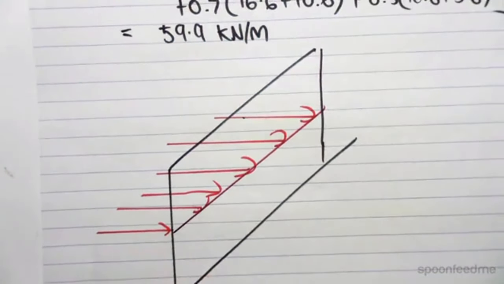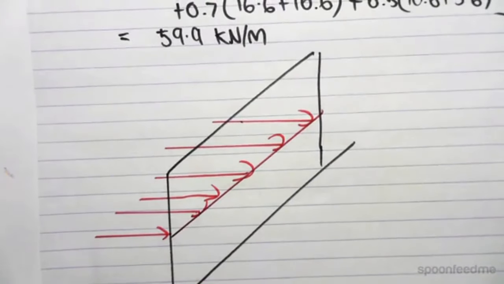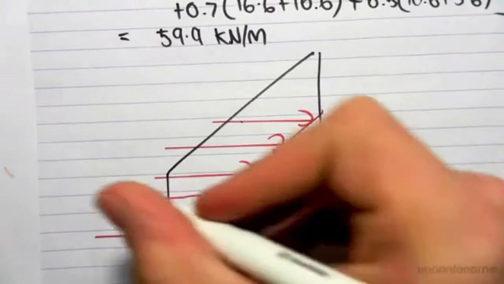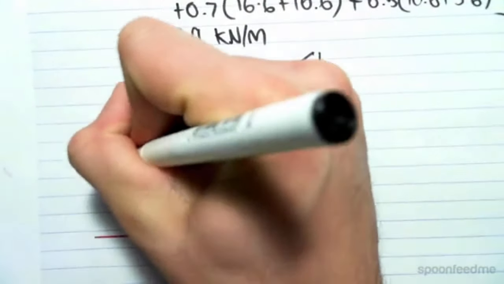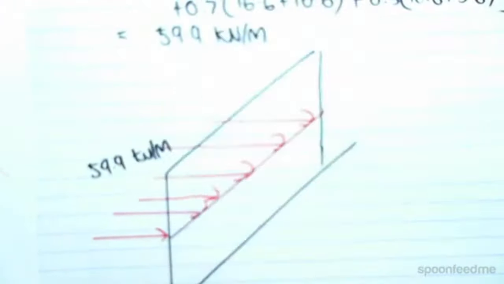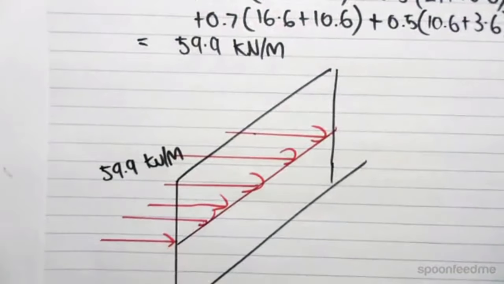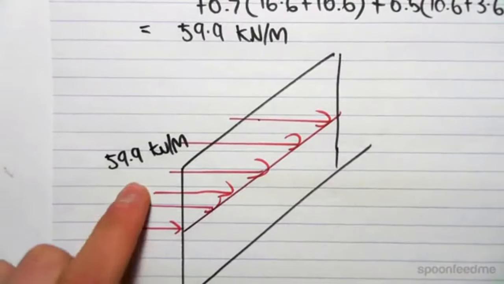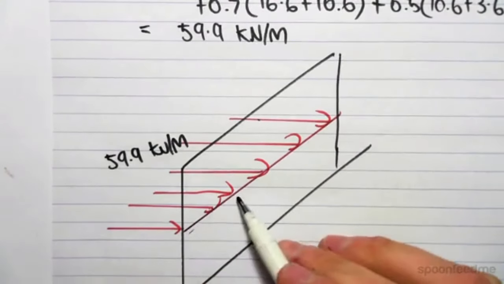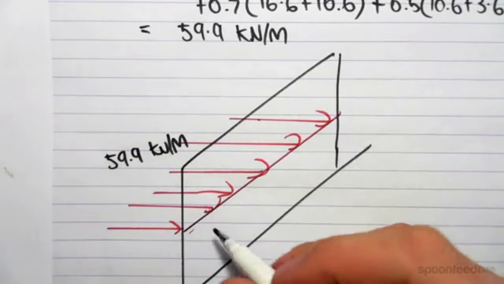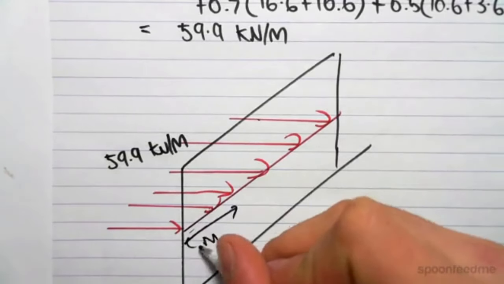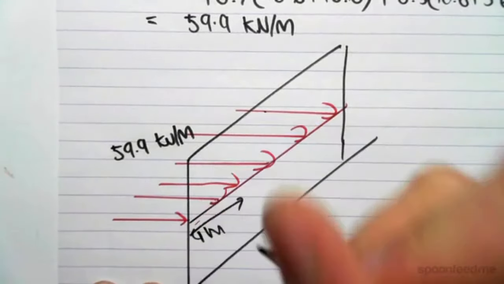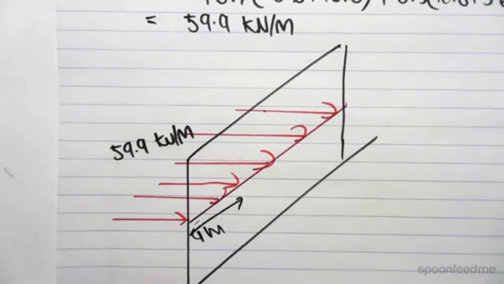And this net force we found to be 59.9 kilonewtons per meter. That is the force per unit length. So for every meter we go across our wall, there's 59.9 kilonewtons of force.